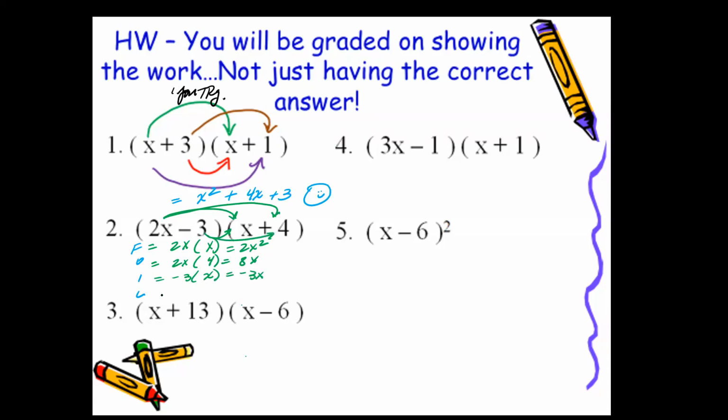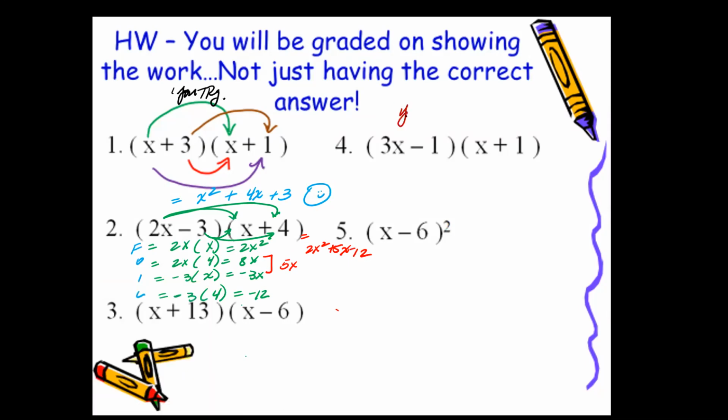And then, of course, last is going to give you a negative 3 and 4, which is a negative 12. Now, for most situations, you are able to combine the outer and the inner, which is a 5x. So your answer for this is going to be 2x squared plus 5x minus 12. And that is your answer.